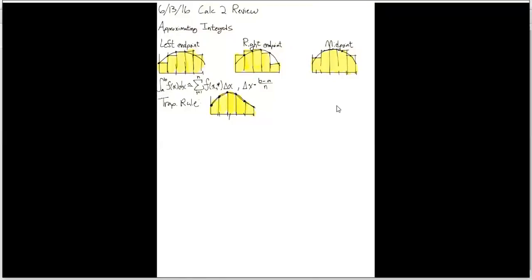All right, so how we write this out is we have our integral from a to b of f of x dx is approximately, and again we have our delta x here. We're going to divide it by 2 and multiply it by this expression.